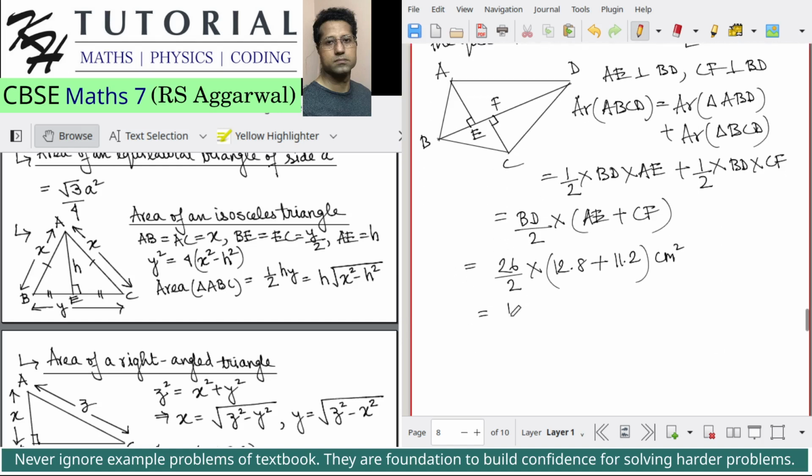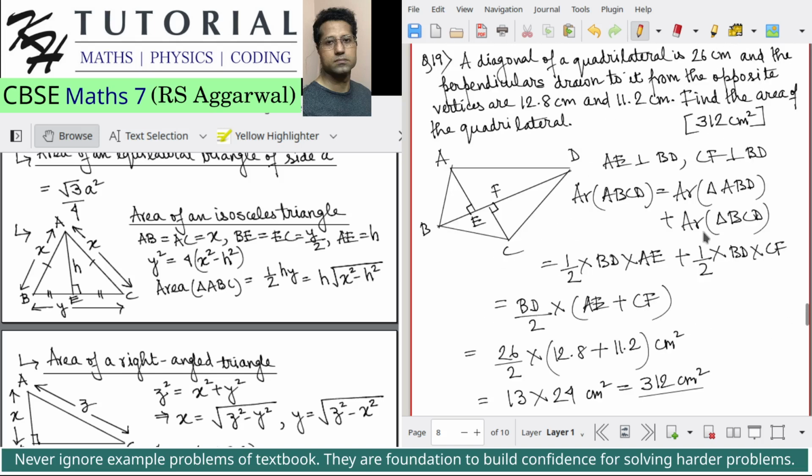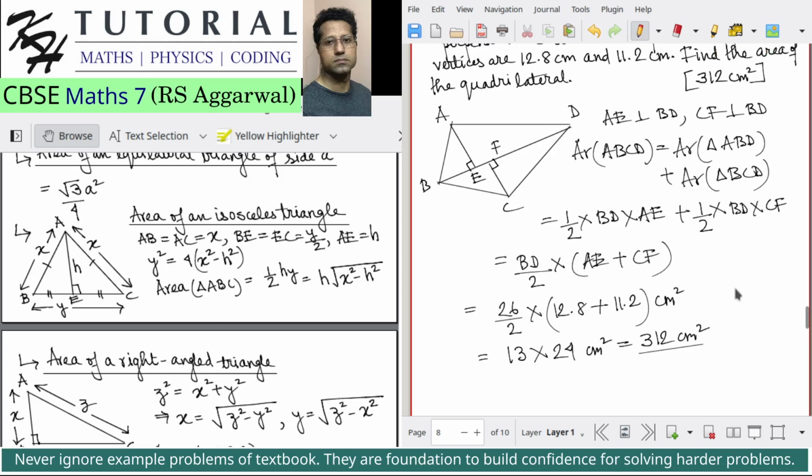This is equal to 13 multiplied by 24 centimeter square, and 24 multiplied by 13 is 312. So the area of this quadrilateral is 312 centimeter square.